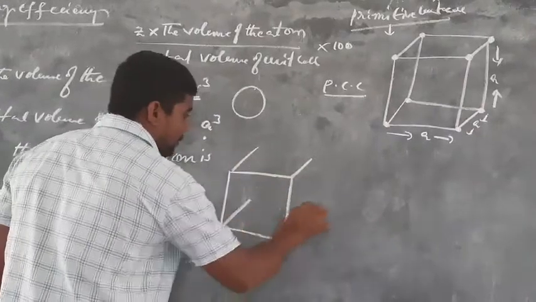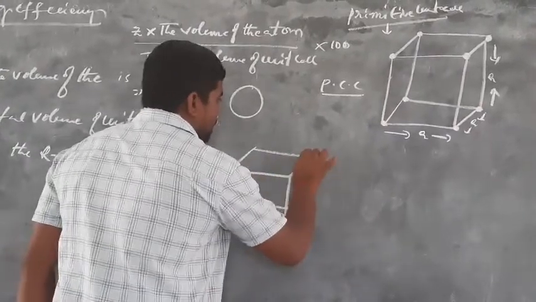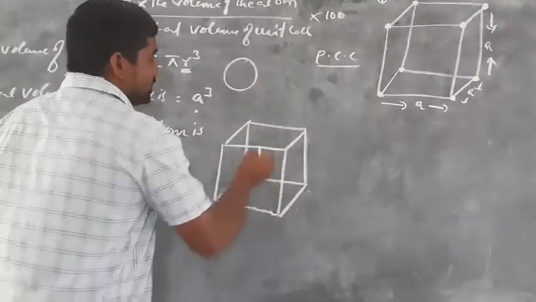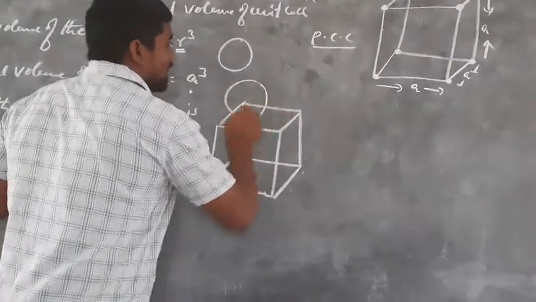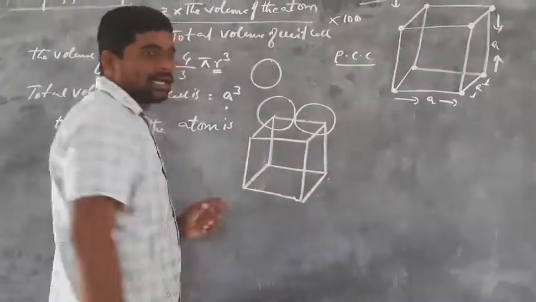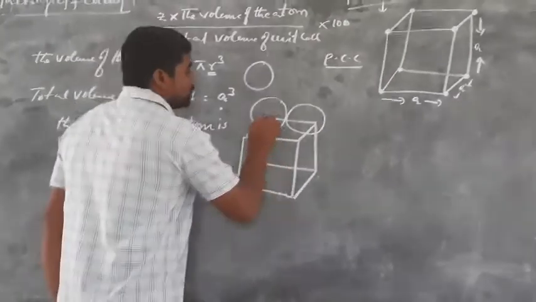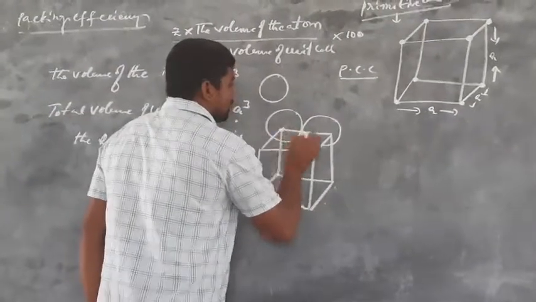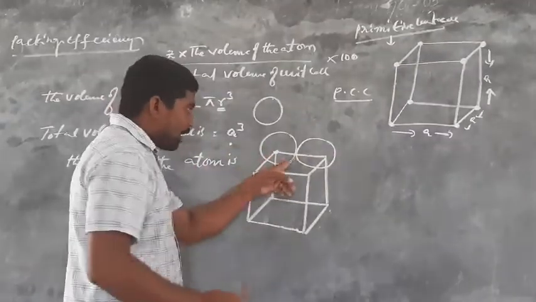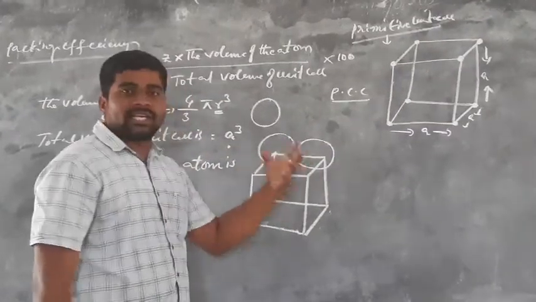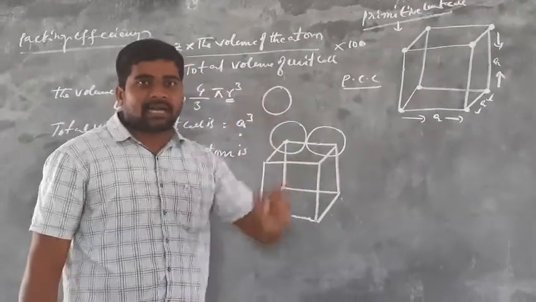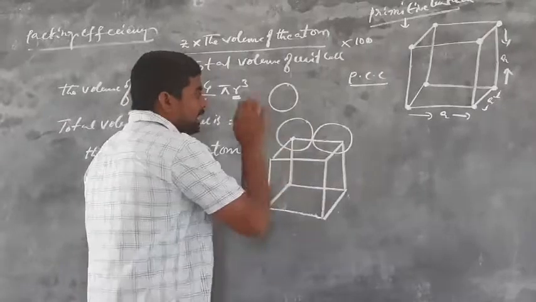What is the meaning of primitive cell? Primitive cell means only carbon atoms at the corners. These two are carbon atoms, packed one with another. Not only these two, any two atoms. The primitive cell contains 8 carbon atoms.